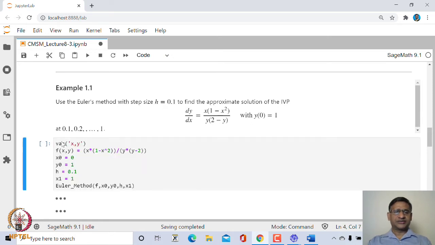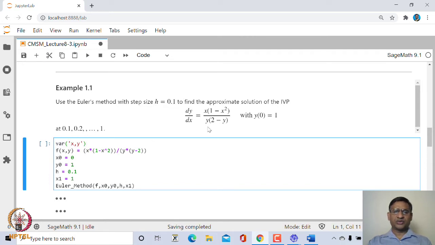Okay. So let us define x and y as variables. dy by dx is equal to f(x, y), so this right hand side we will define as f(x, y), and x naught is 0, y naught is 1, h which is the step size is 0.1, and x1, the end point at which we want to find the approximate value of y, is 1.